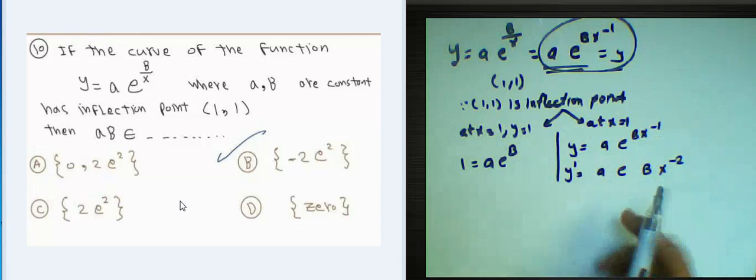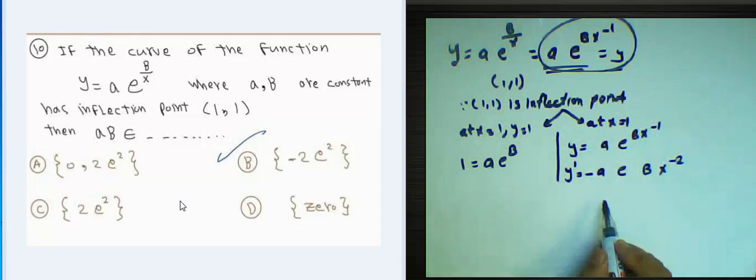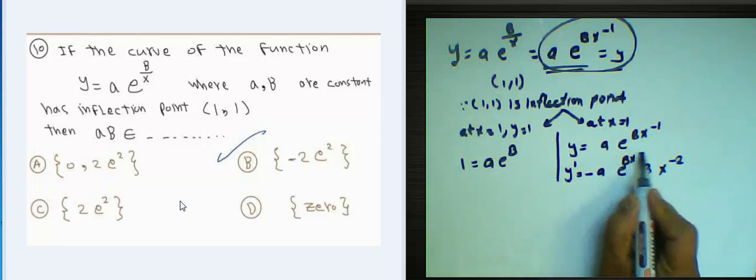Drop the power outside and subtract 1 from the power, giving b x to the power negative 2, with e to the power b x to the power negative 1.